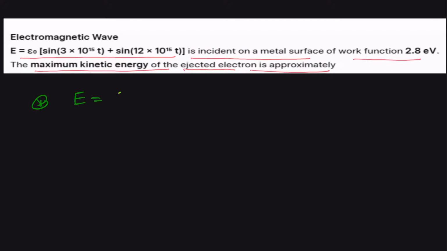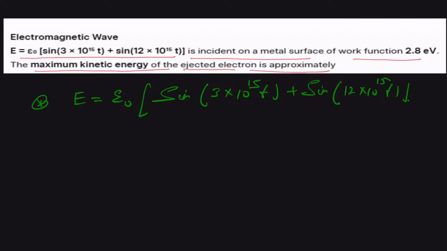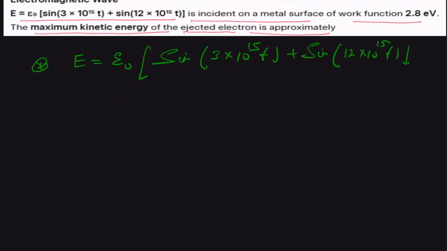E is equal to E naught times sine of 3 into 10 to the power 15 t plus sine of 12 into 10 to the power 15 t, and the work function of the metal, that is phi, is given to us as 2.8 electron volt.